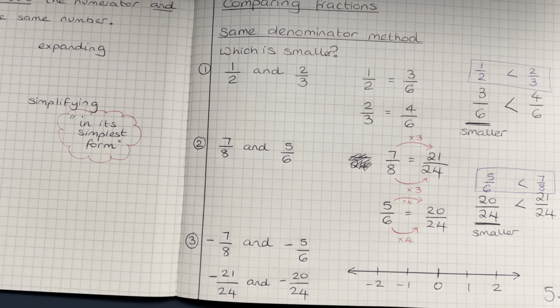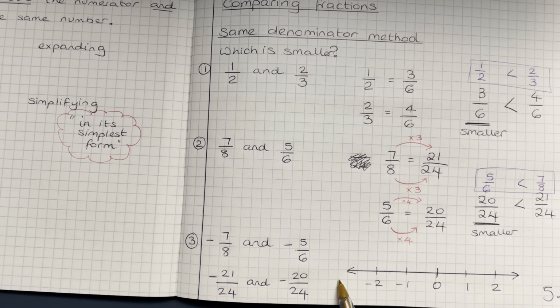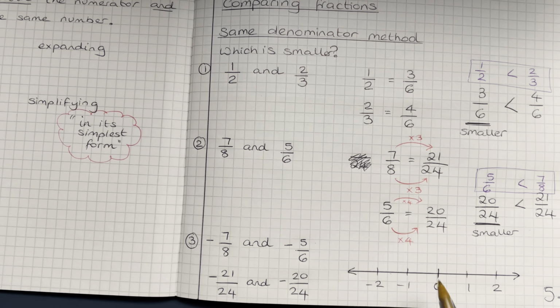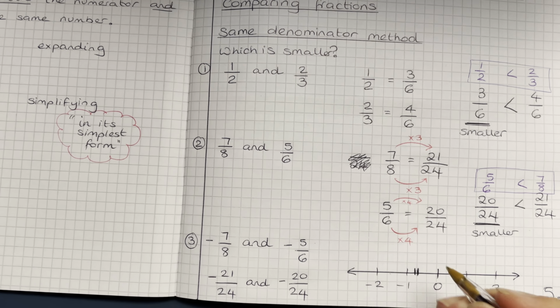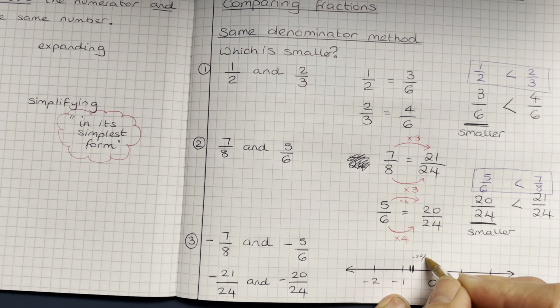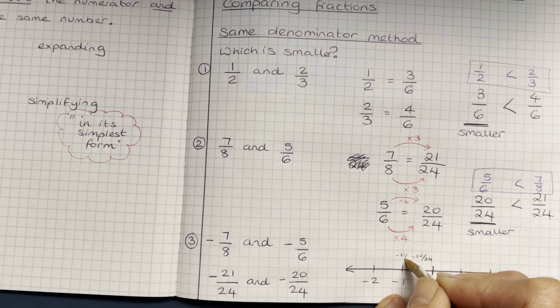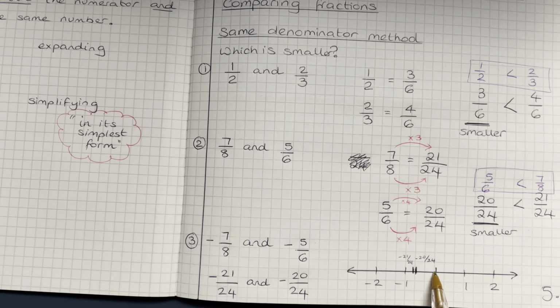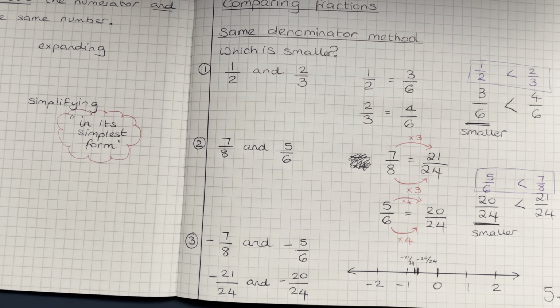So now we know that the further away from 0 you are, the smaller the number is if you're moving to the left. So let's look at this. Negative 20 over 24 is going to be closer to 0 than negative 21 over 24. There's not much in it, but you can see that negative 20 over 24 is closer to 0 and therefore larger.